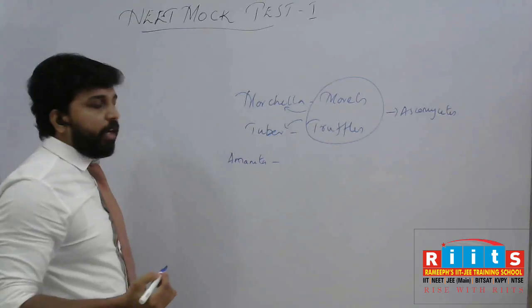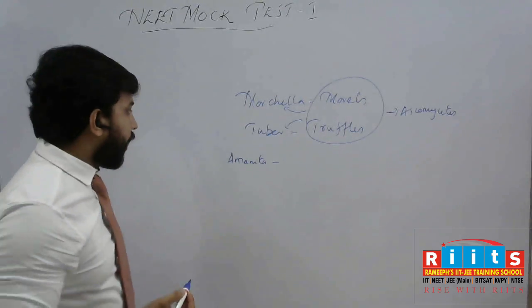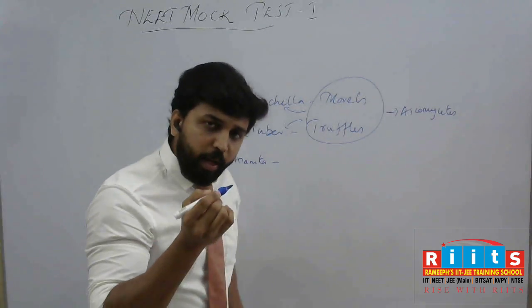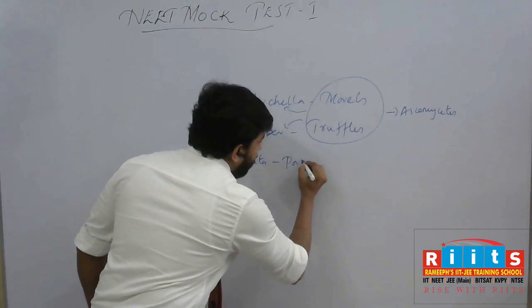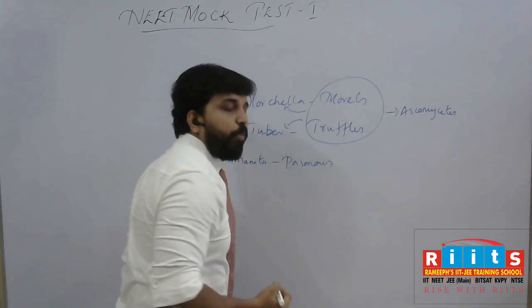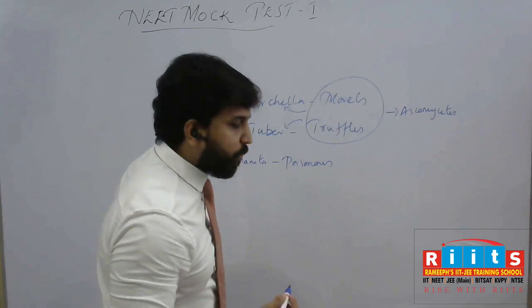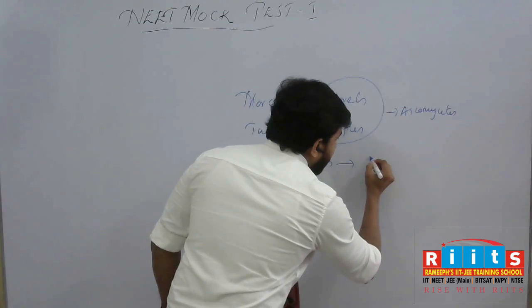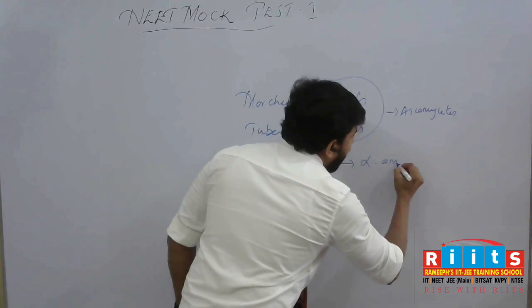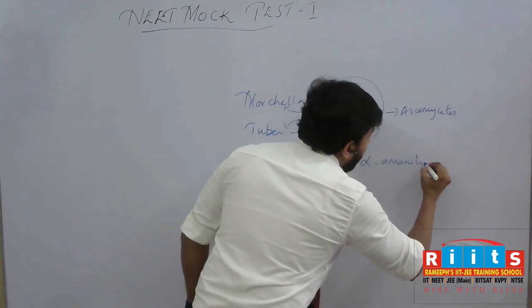Again, Amanita is a Basidiomycetes, but remember one thing, it is poisonous. It's a kind of poisonous mushroom because it produces a substance called alpha amanitin.